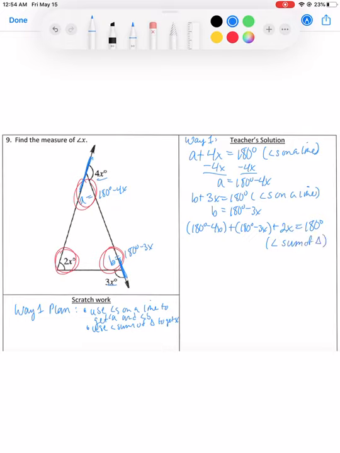Okay. Now I'm going to simplify. What I have here is 180 and 180. That's the only numbers on this side. And then with it I have 4x, 3x, and 2x. That's actually negative 4x, negative 3x, and 2x. So let's consider all those together. 180 and 180 is 360. The minus 4x minus 3x is negative 7x, plus 2x is going to be minus 5x.